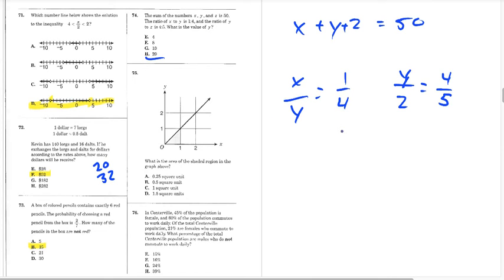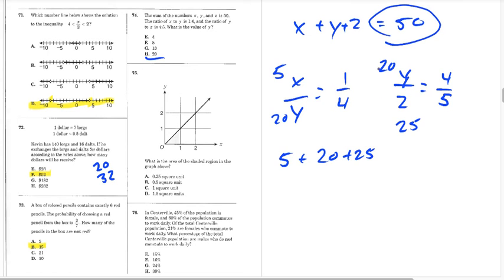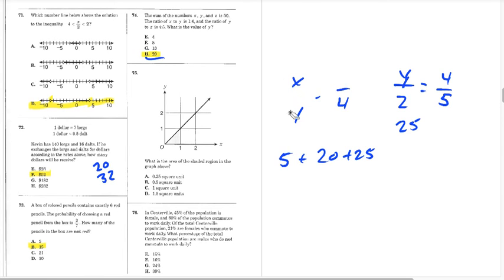So this is y. So if y is 20, x is going to be equal to 5. And if y is 20 here times 5, z is going to be 25. So 5 plus 20 plus 25, that's 50. Bam. Glad we started at the bottom. Alright, so that was easy enough.